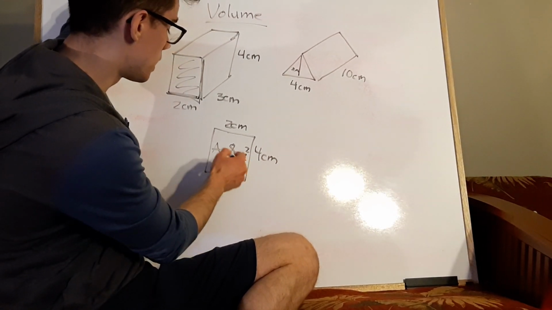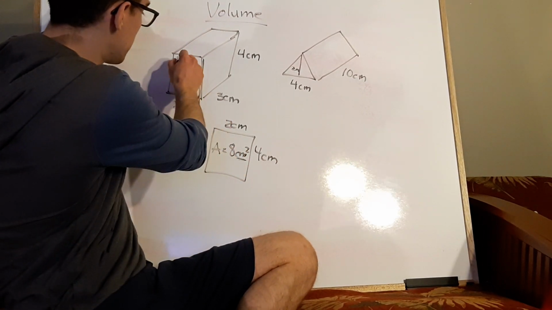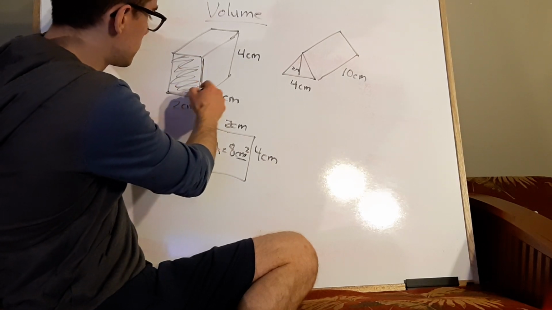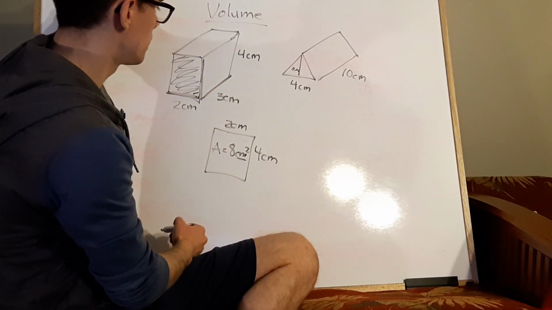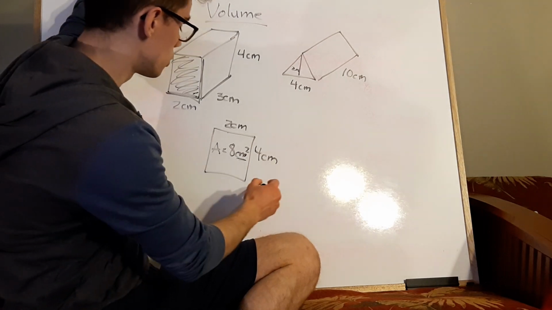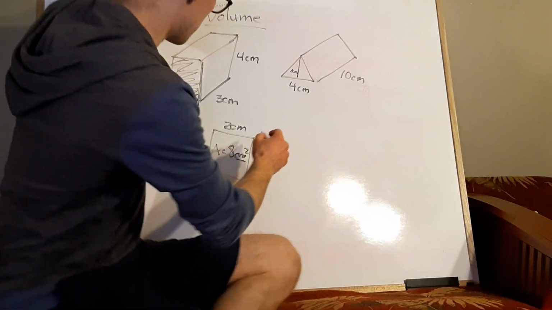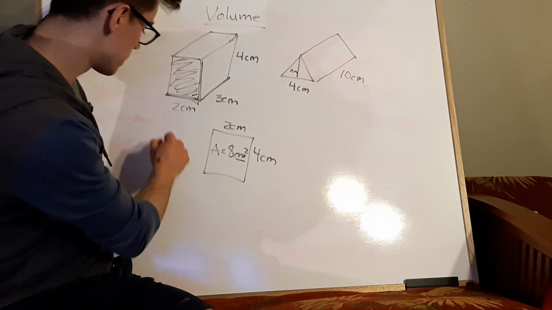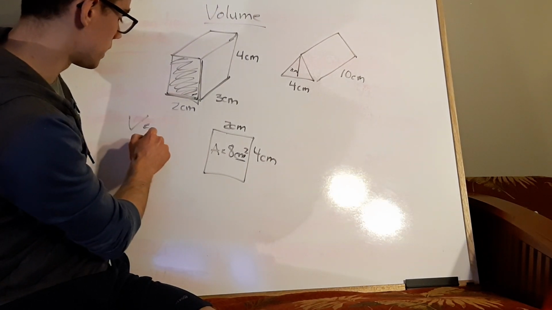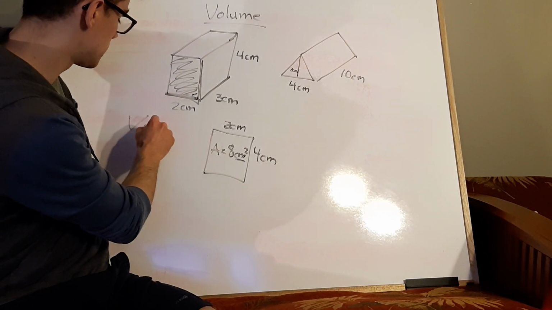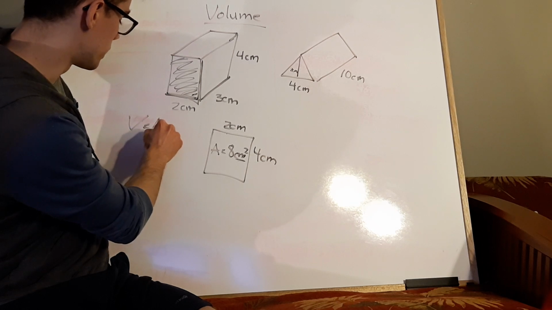And I'm going to multiply that area of the front face by the length of that rectangular prism. So that means that the volume here, hopefully you can see, is going to be the area of that front face, the area of the front.